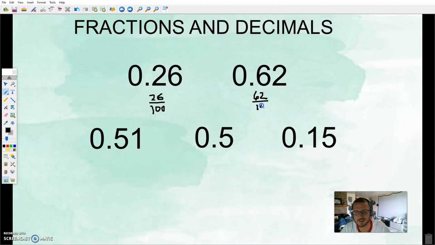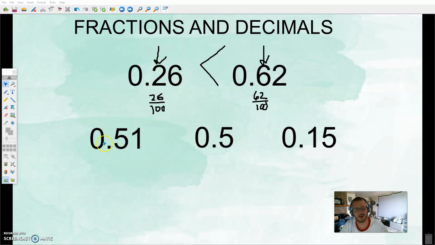And because they are the same denominator, you simply have to decide which of those is bigger, the 26 or the 62. However, if you don't want to convert them to fractions, you just go place by place. If I look at the tenths and I look at the tenths, what's bigger, 2 or 6? 6 is bigger than 2, so the 62 hundredths is greater than the 26 hundredths.